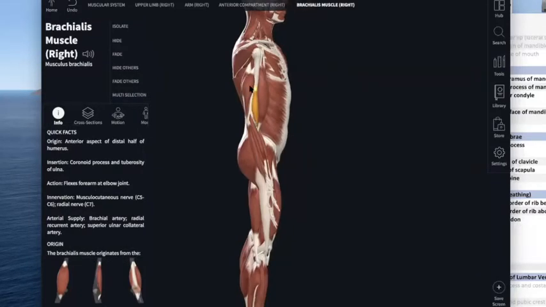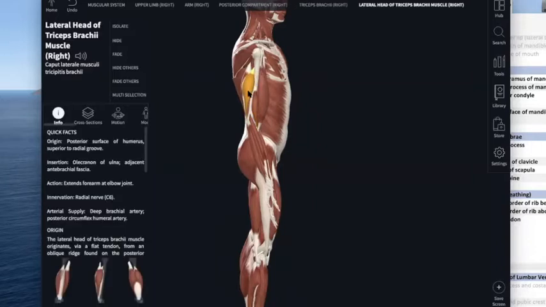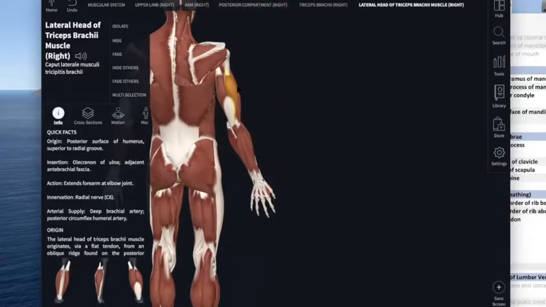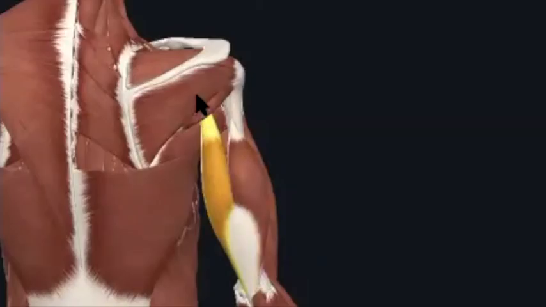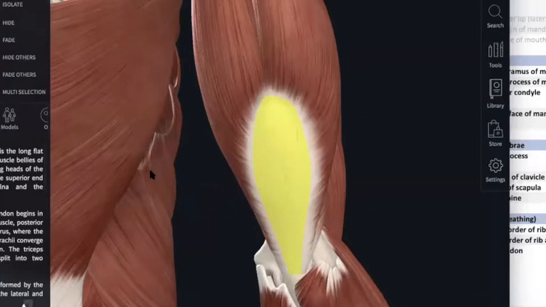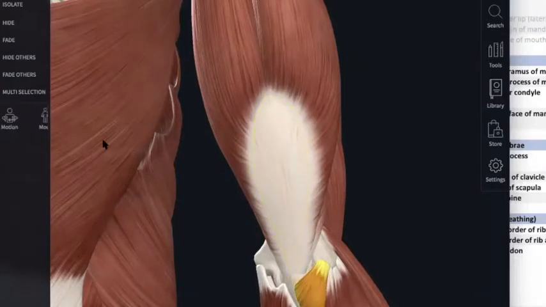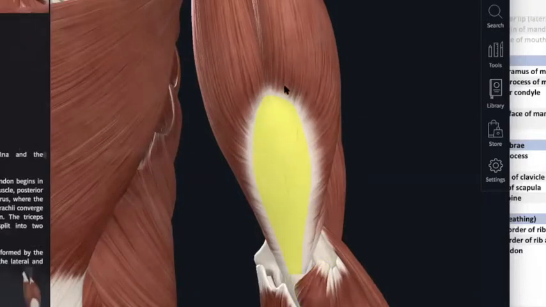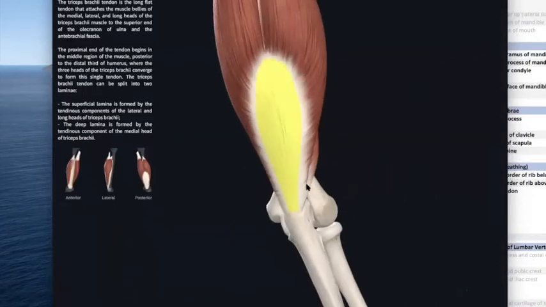On the posterior surface of your arm, you basically have your triceps. Triceps, posterior surface. You don't have to know the individual heads, but one of them is up on the scapula, on the infraglenoid tubercle. Both of them merge on this broad tendon area right here to insert onto your olecranon.